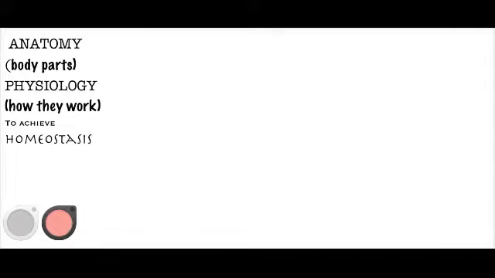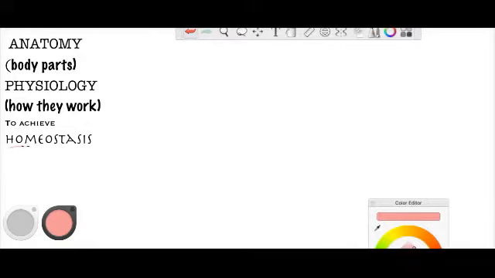And based on the structures and how they work, hopefully, if everything is working well, they will achieve homeostasis. Homeostasis, a great word, and what it means is balance, aka balance.